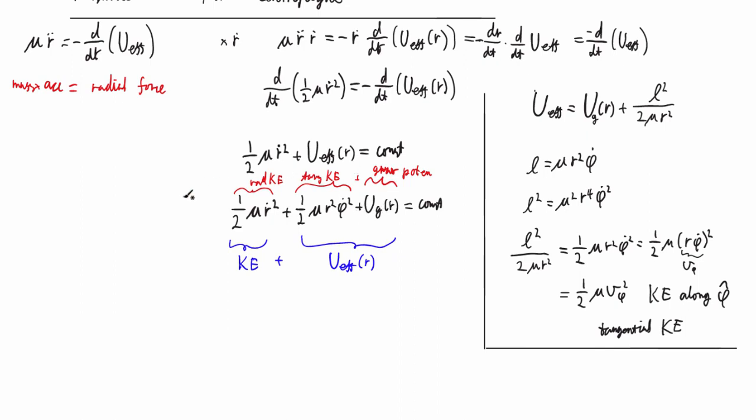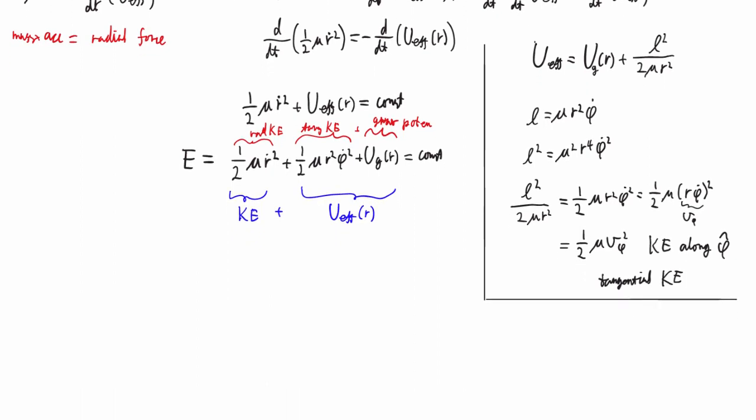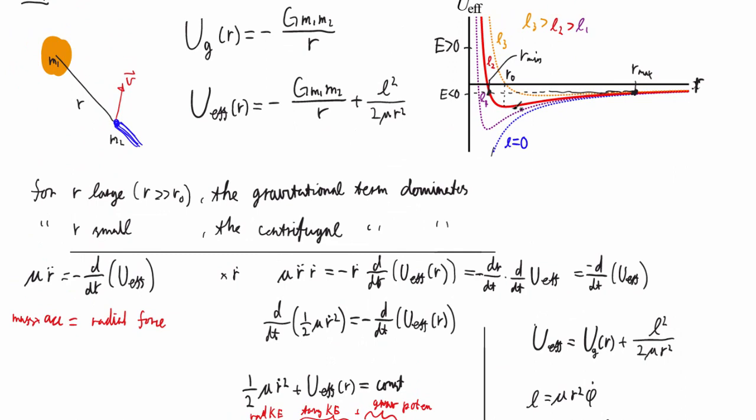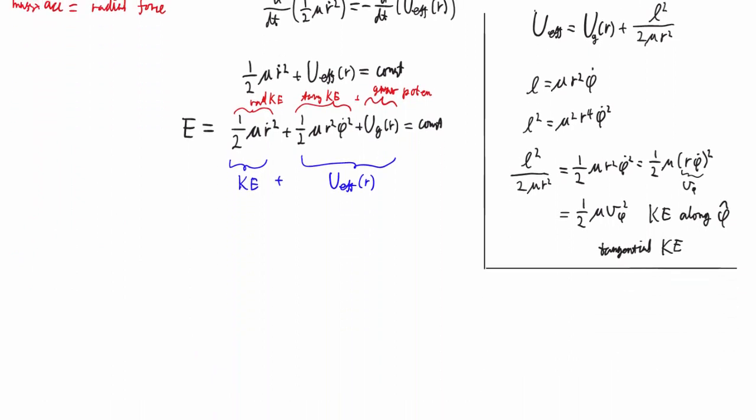And no matter how you view it, the constant here is just the total energy E. And like we saw earlier, the sign of that tells you what kind of orbit we have. So if we have energy less than 0, then we have a bound orbit. If the energy is greater than 0, then it's unbound.